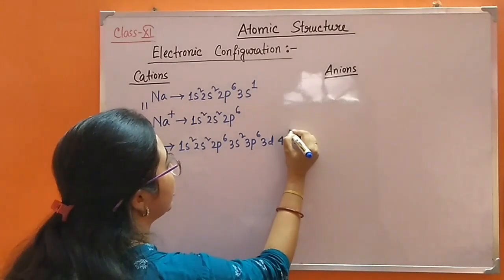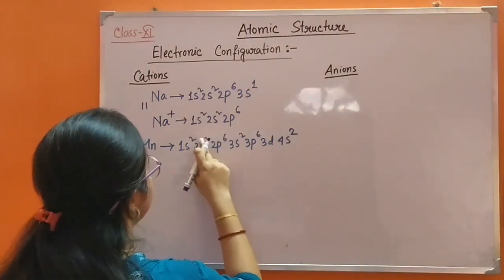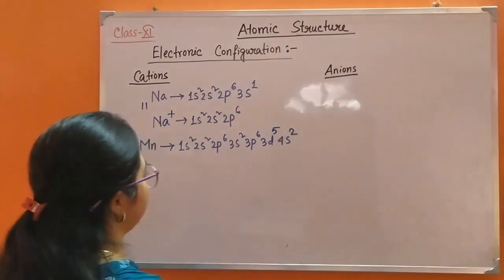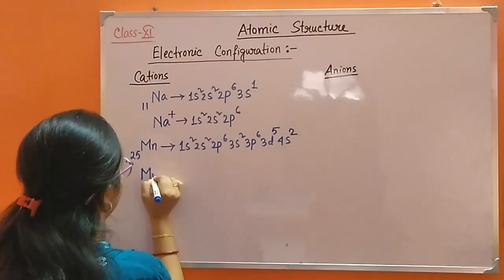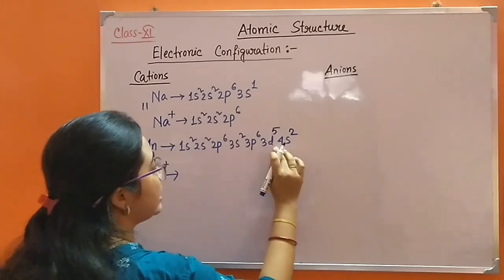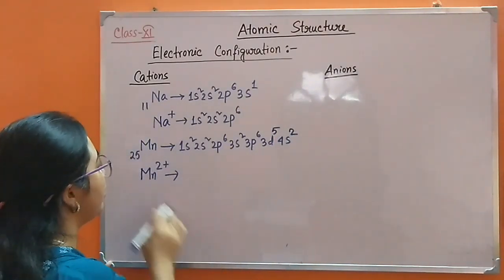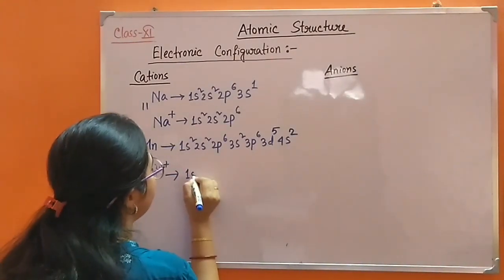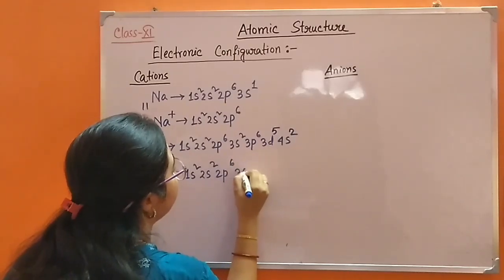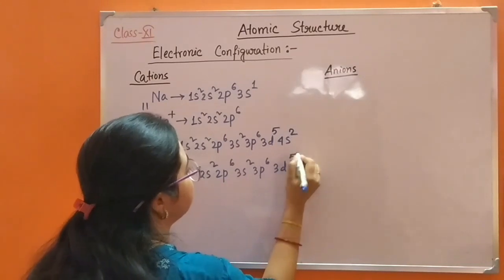So here 2 electrons, then 2, 8, 10, 16, 18, 25, so 5 electrons will be present in 3d. For Mn2+, these 2 electrons present in the 4s orbital will be removed, and the electronic configuration will be 1s2, 2s2, 2p6, 3s2, 3p6, 3d5.